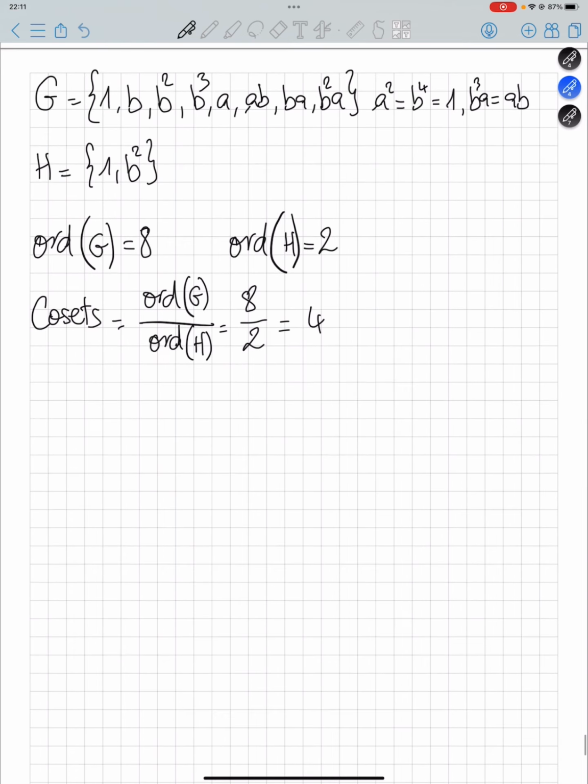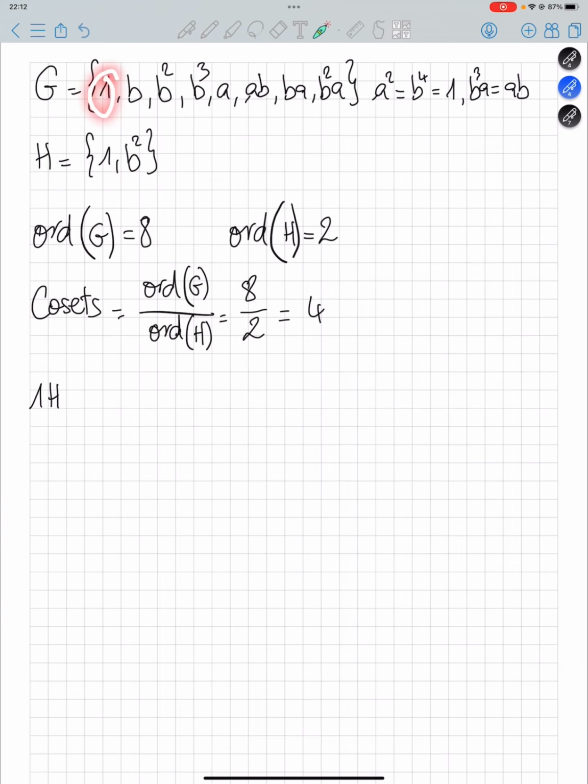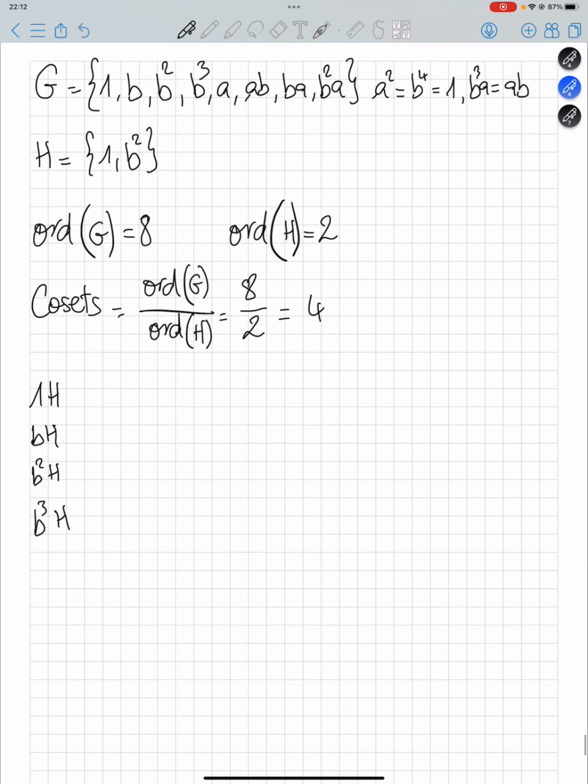So let's start with finding left cosets. So we have first identity H, right? Then we do BH, then we do B square H, then we do B cubed H, then we do AH, then all the elements of G, right?